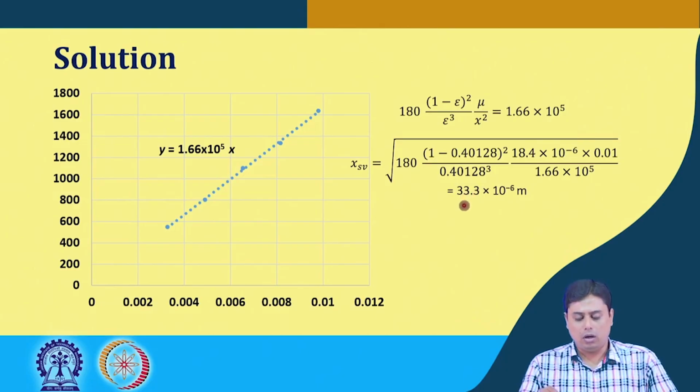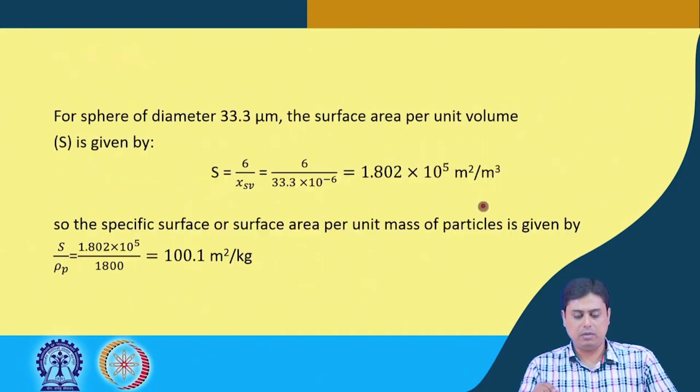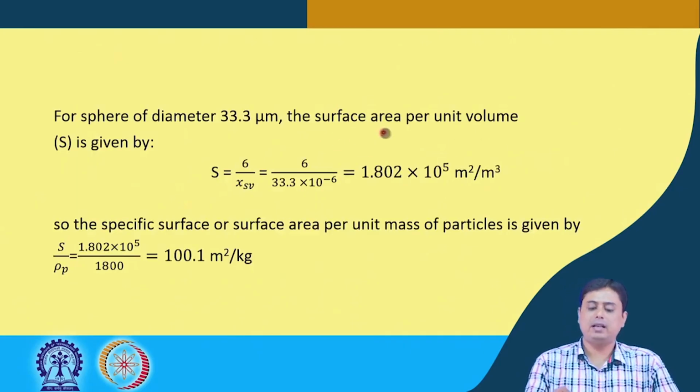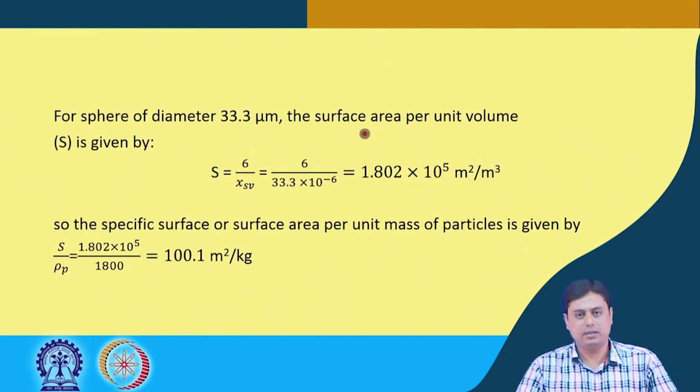So, a spherical particle of 33 micron diameter will have its surface area per unit volume as 6 by d, where d is the diameter. Okay. How does this expression come? If you are wondering, for a spherical particle, what is the surface area?